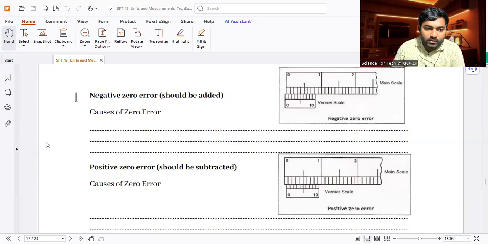Okay, then let's write positive error as the first one. Put the number 1 and write positive zero error.